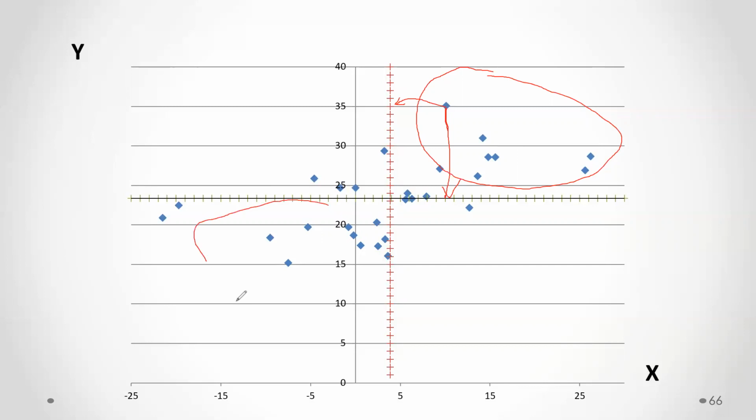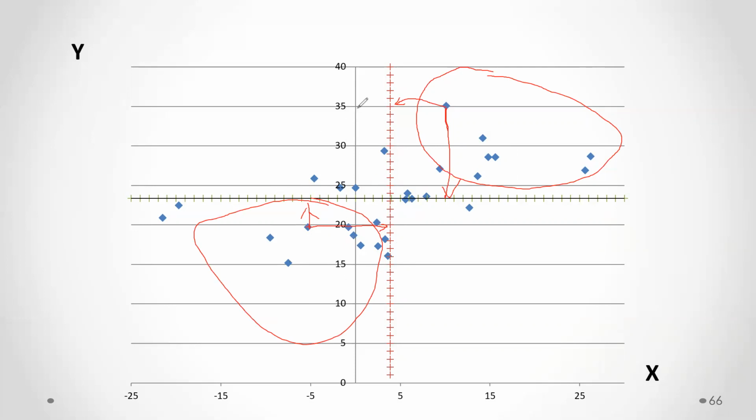Similarly, for the third quadrant, or for this area, when the X variable underperforms its average, Y also underperforms. So this means that for the first and third quadrants, the X and Y points tend to move in the same direction.